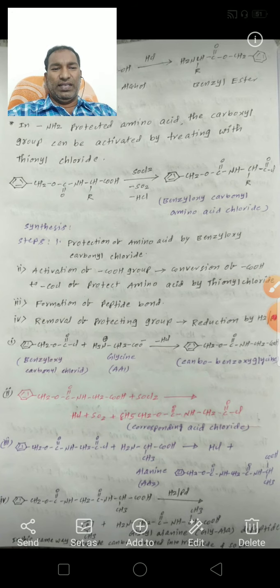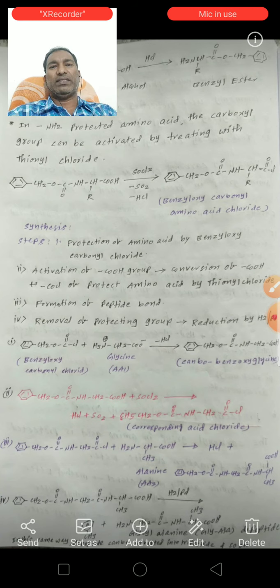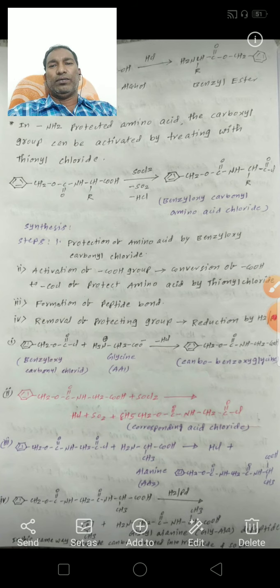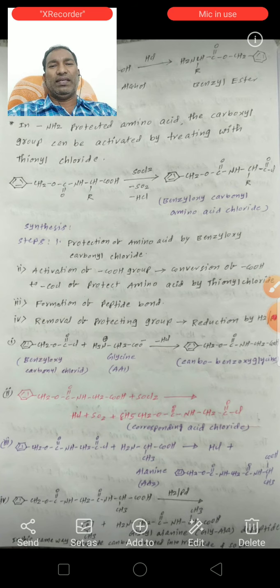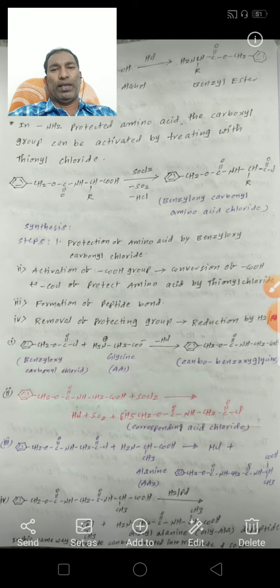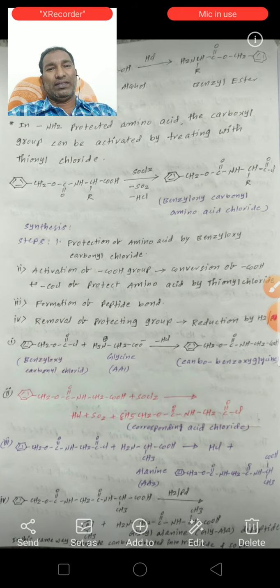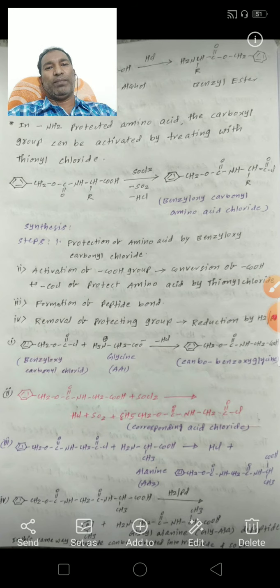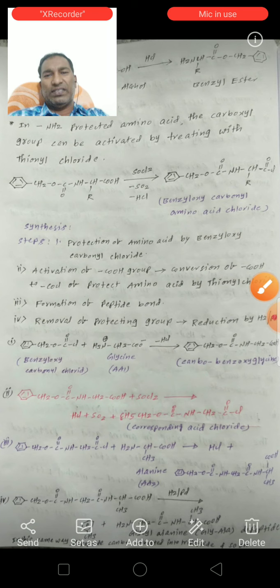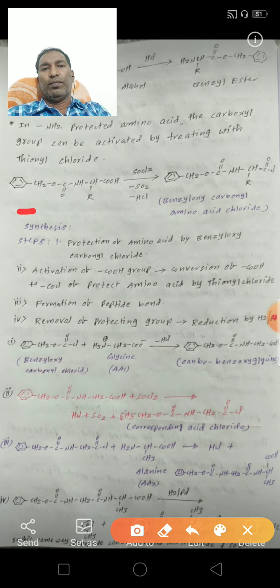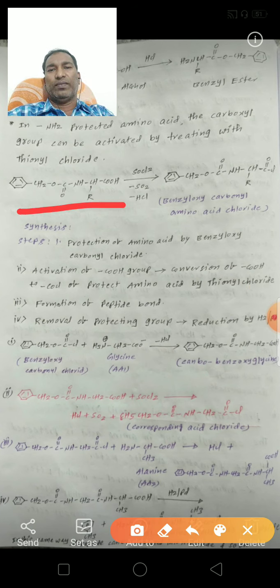So see next point, in NH2 protected amino acid the carboxylic group can be activated by treating with thionyl chloride. See here, this is the protected amino acid.